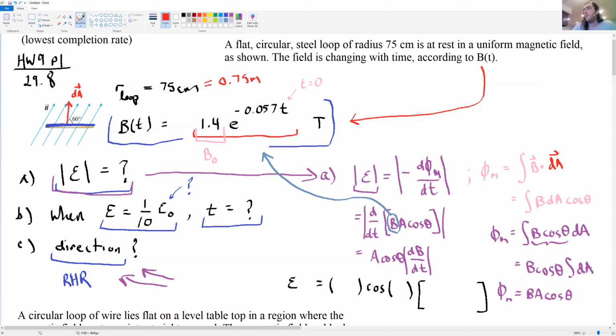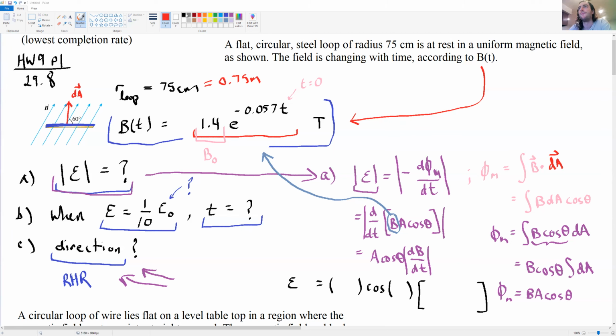How about the angle? What's the angle between dA and B? Right, 30 degrees.